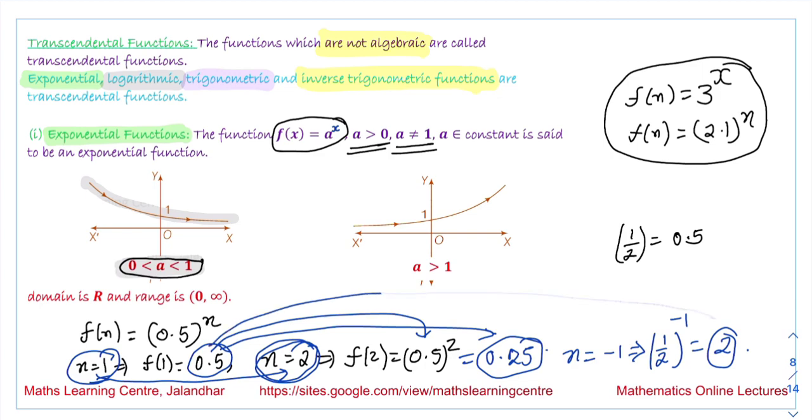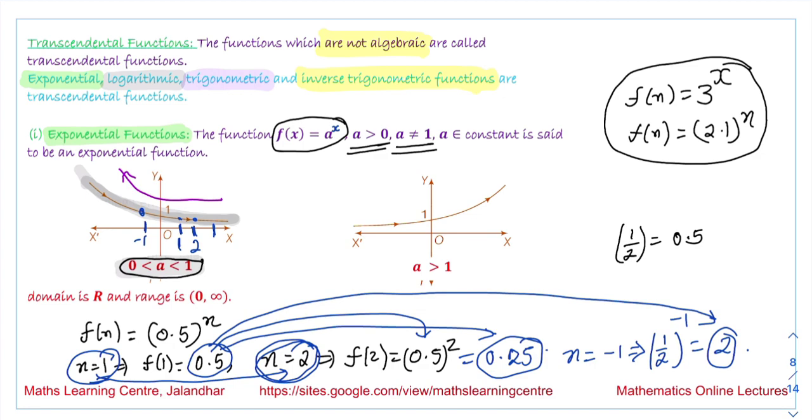So the value has increased. At x is equal to 1, this value is there. Then at x is equal to 2, the value has decreased. For x is equal to -1, the value has increased. So this function is increasing in this direction.